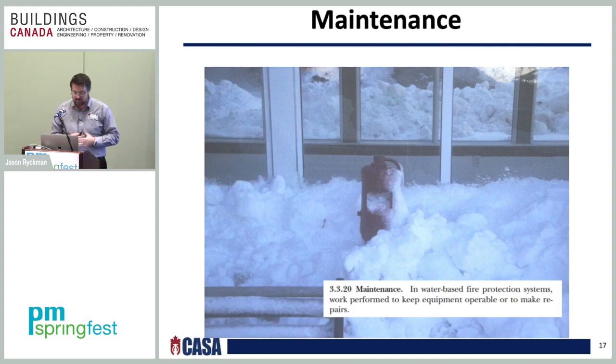Maintenance. Another fine example of maintaining the outside of your building. Ultimately, when you have fire protection devices such as this standing post indicating valve, maintenance is work performed to keep the equipment operable or to make repairs.